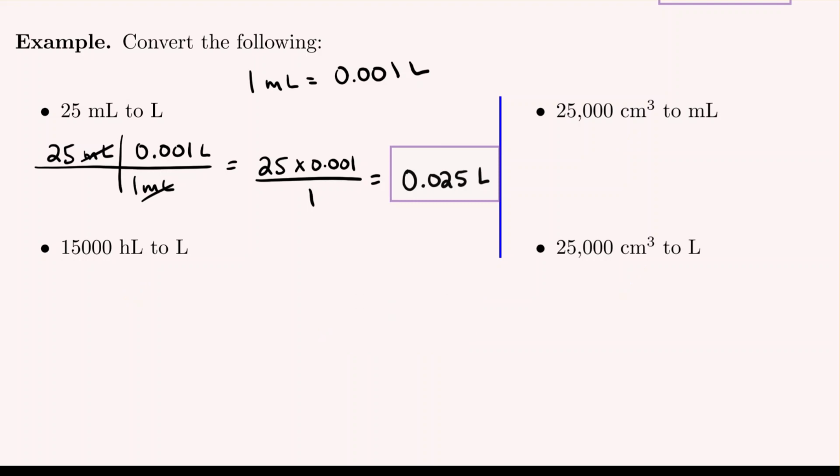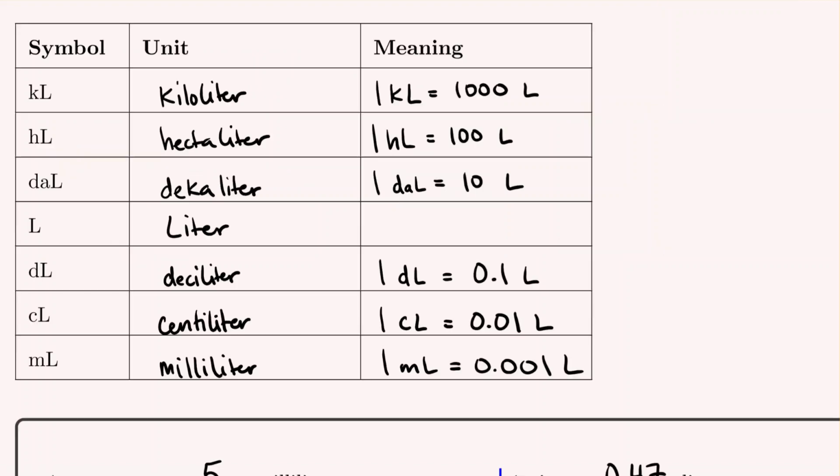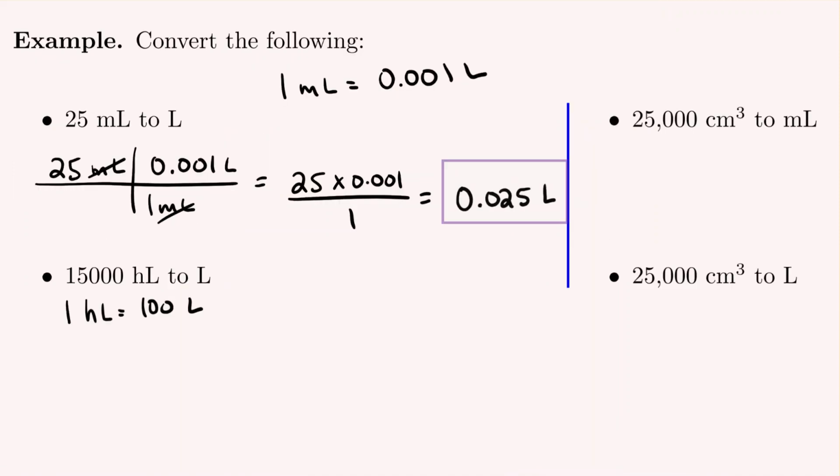Now our next example is to take hectoliters to liters. We first begin by verifying our conversion factor, so let's look back at the chart. Our chart tells us that 1 hectoliter is 100 liters, so we write that down. So to go from 15,000 hectoliters, each hectoliter is 100 liters, so we know in the end there should be more measurements of liters. 1 hectoliter is equal to 100 liters.